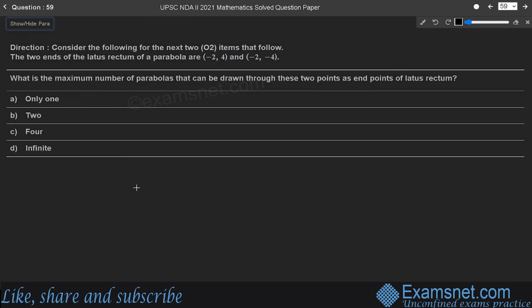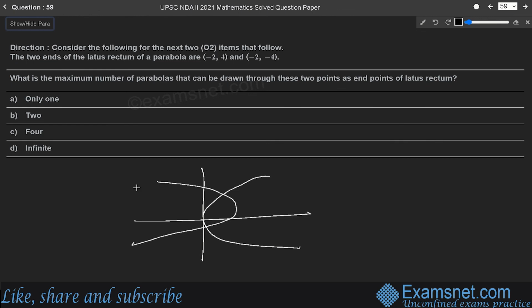First, let us make the diagram for this. We know that two ends of the latus rectum means there are two parabolas. So the two parabolas will be in such a way.